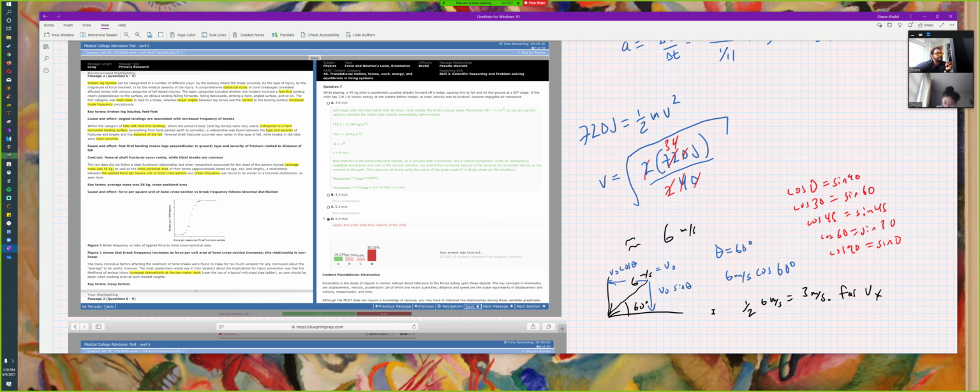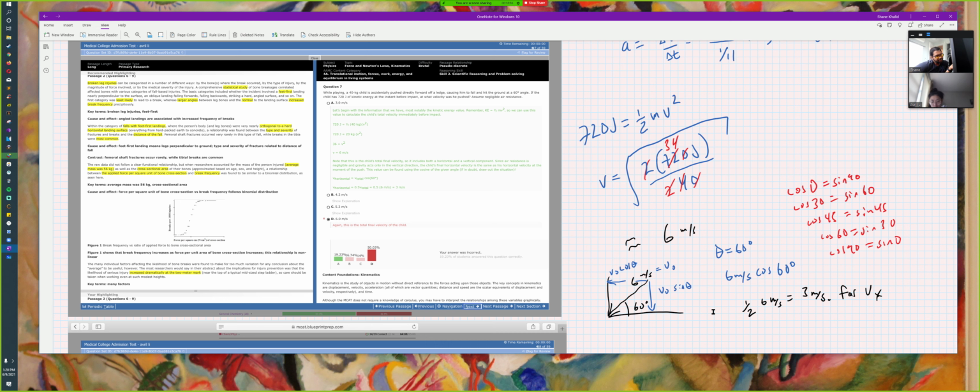So the 6 meters per second is the total velocity, which is a combination of the horizontal velocity of being pushed directly forward, plus the vertical velocity that's from gravity.